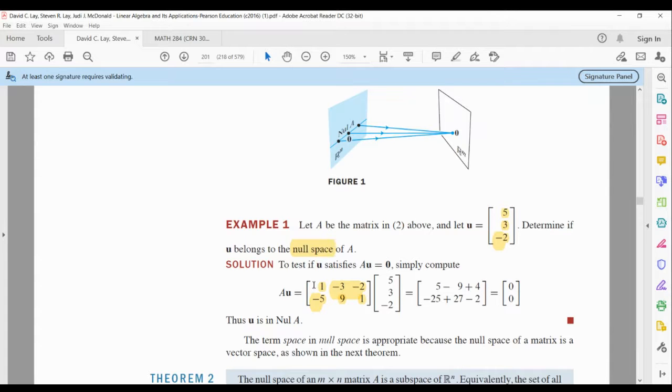Well, what you have to do is take the matrix A times the vector u. When you do the multiplication, you get the zero vector. Therefore, u is in the null space. The vector u is in the null space.